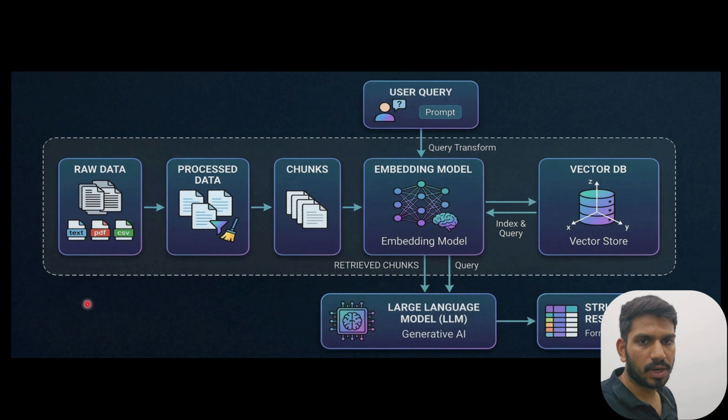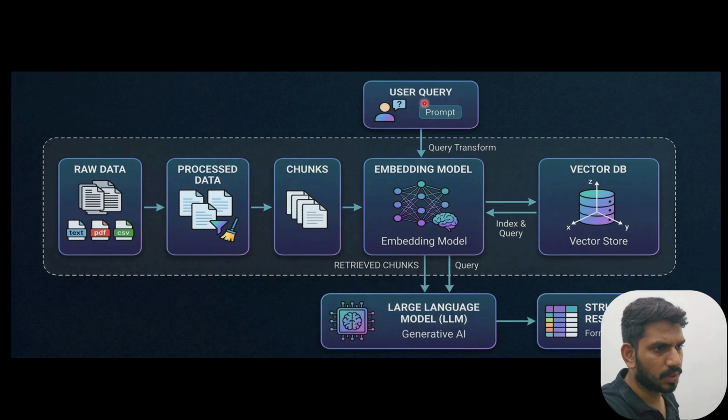Now let's understand how RAG works. Let's start with the raw data like PDFs or text files. First, the data is processed and cleaned. Then it is broken into smaller meaningful chunks using any chunking strategy. These chunks are converted into vectors using embedding model, and it is stored in vector database.